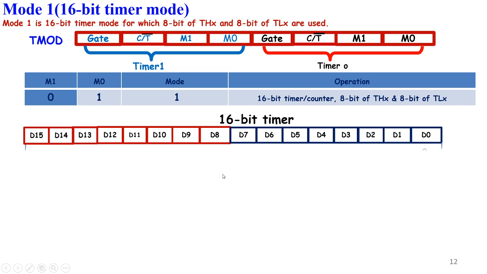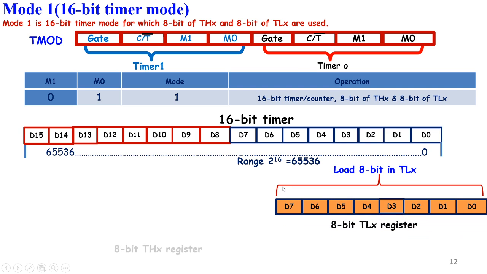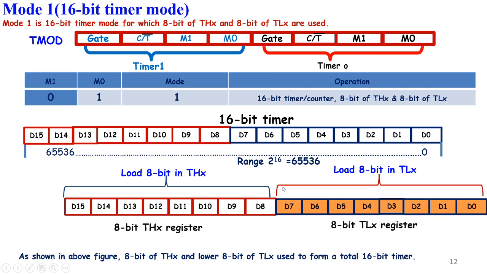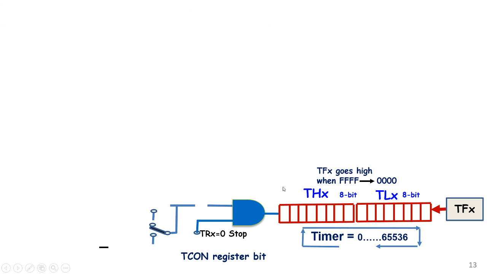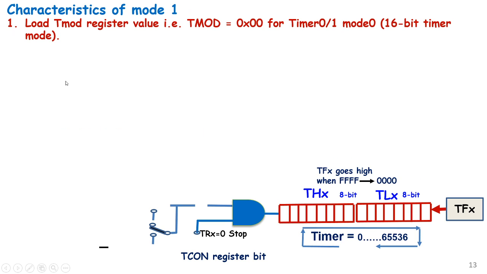So this is timer 0 or timer 1, which is used to count the values, that is 2 raised to 16, 65,536 different clocks. So the lower byte and higher byte are loaded in timer 0 or timer 1. So how does this mode occur? What are the characteristics of this mode?